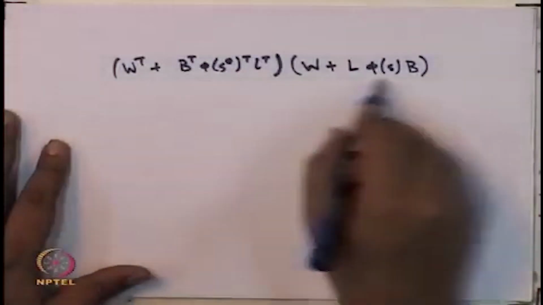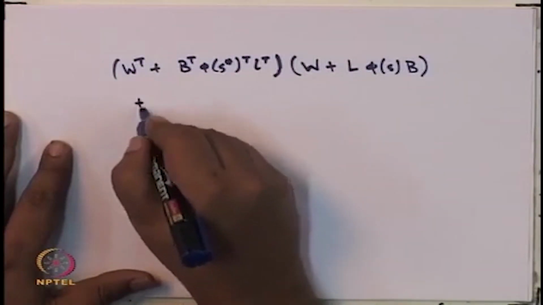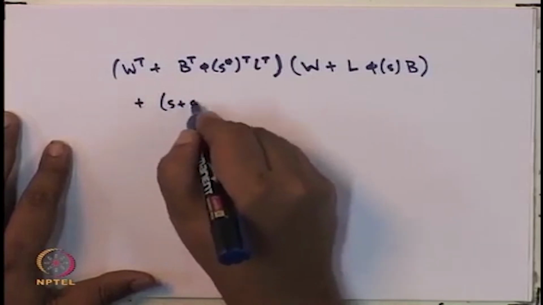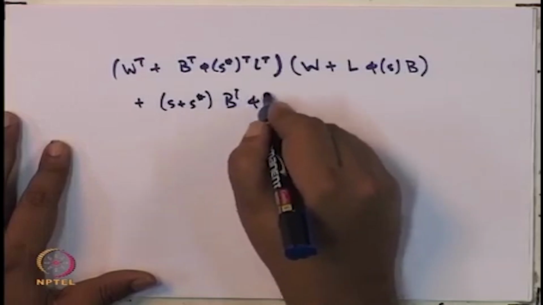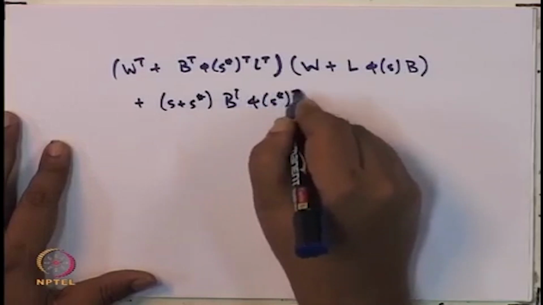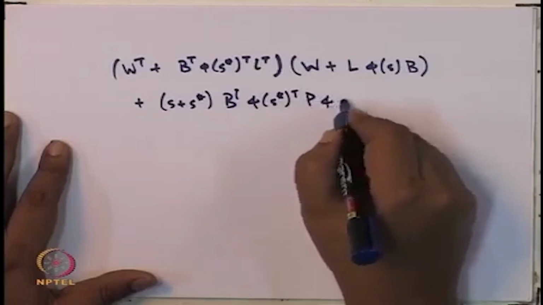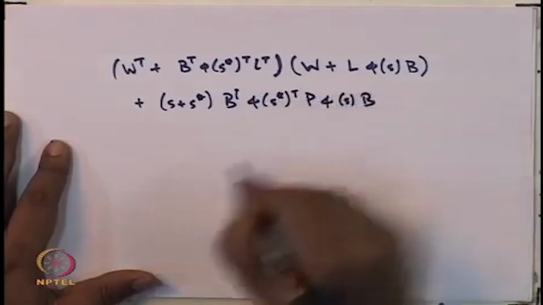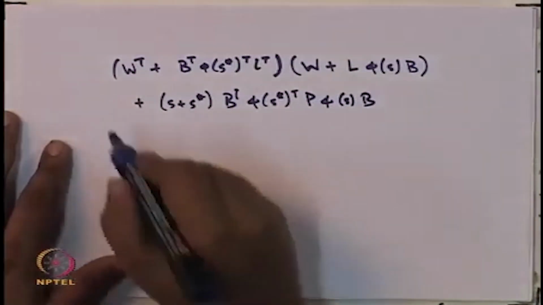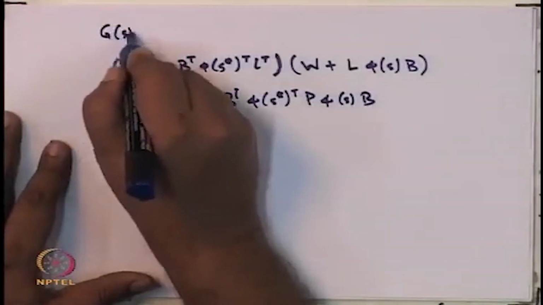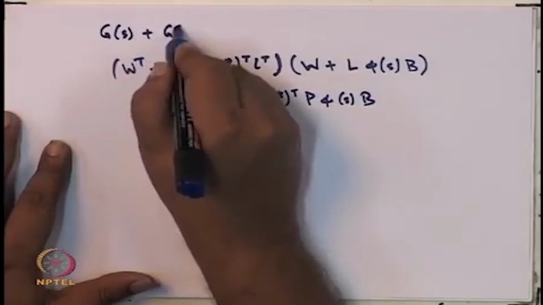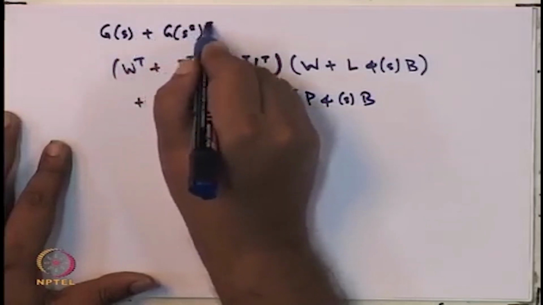Now these 4 terms, and then the one other thing we have is S plus S star times B transpose phi S star transpose P phi S B. So this is the full expression, and mind you, this is the expression when you started out with GS plus GS star transpose.